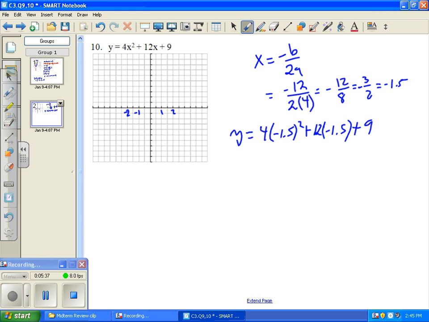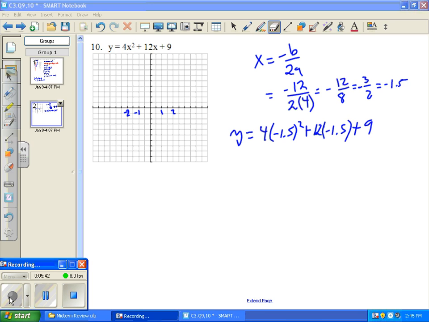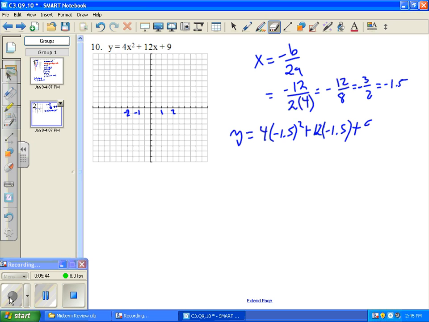Plug this into your calculator to figure out what the y is equal to. Okay, so this comes out equal to 0. So our vertex is at negative 1.5, 0, right there. Now, since the 4, the leading coefficient, is positive, it's going to open up.